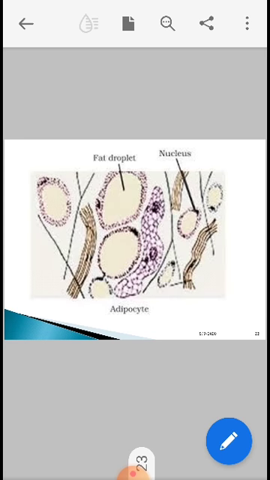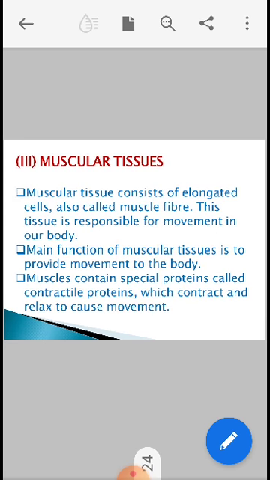Okay, now let's move on to the third type of tissue, that is the muscular tissues. From the name itself we can understand that it is something related to the muscle. It is elongated in structure, so it consists of elongated cells, and they are also termed as muscle fibers.